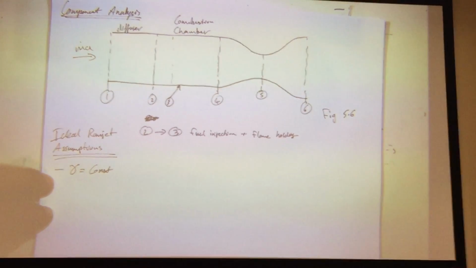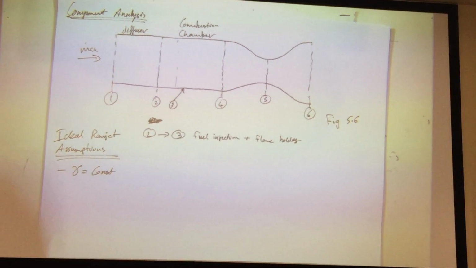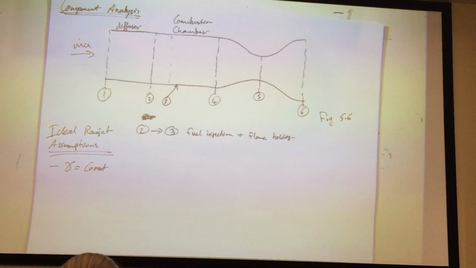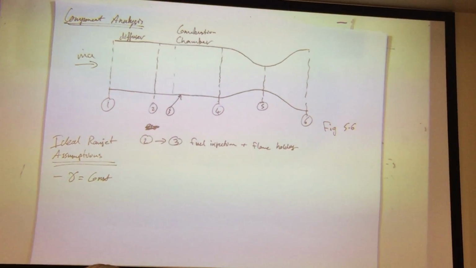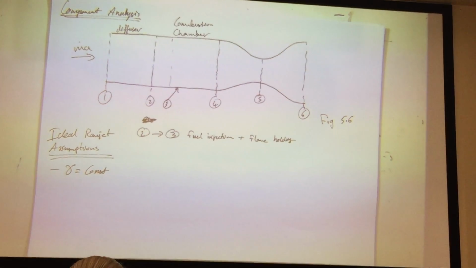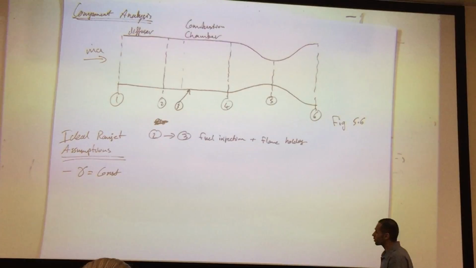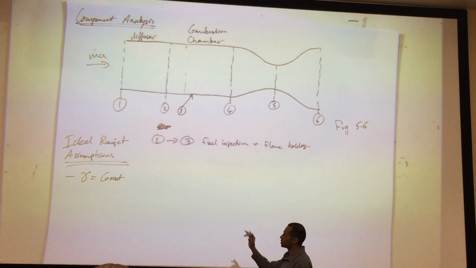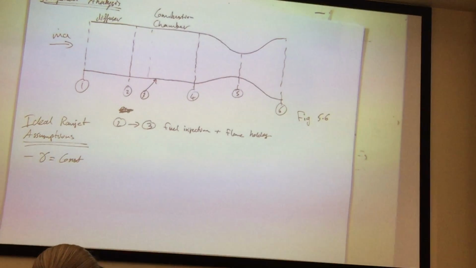Now, we're not going to solve everything like that. I'm going to start with gamma being constant, but then we actually start to add heat burn. That changes gamma significantly through the engine. I don't remember whether I have you do it in a homework or project, but I have you change this quite a bit, and it will change your thrust drastically. Gamma and CPs.